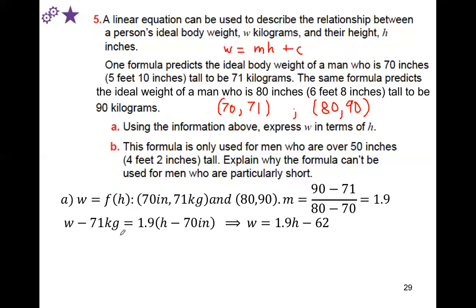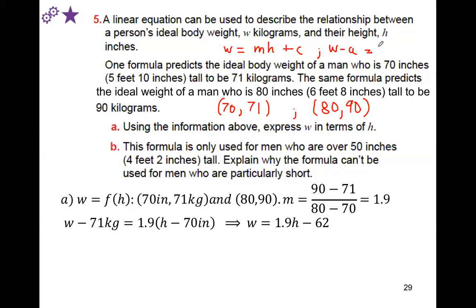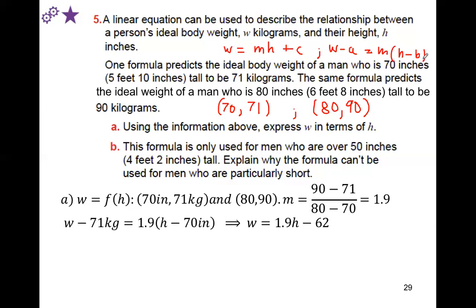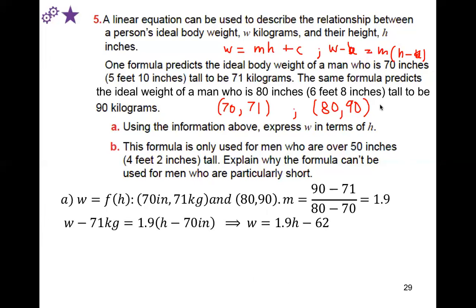The next thing is, instead of writing it as W equals MH plus C, you can pick a point and write it as W minus B equals M times H minus A, the same way we used to do Y minus B equals M times X minus A. To do it that way, you would pick a point.